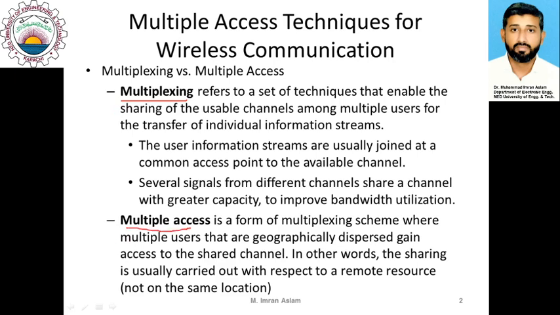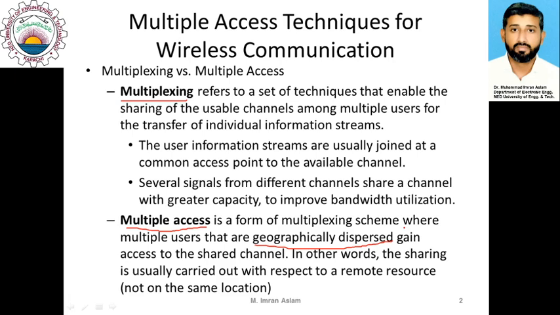Whereas the term multiple access is also a form of multiplexing, but generally multiple access is used in the case where we have users which are geographically dispersed. So these geographically dispersed users are allowed to transmit the signals over a common channel in order to better utilize the bandwidth of the channel.